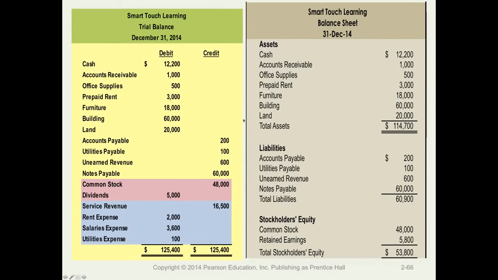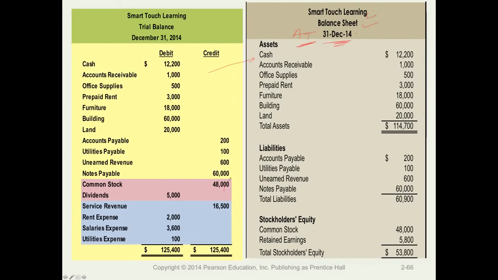So once again, when we look at our trial balance, we now can see easily that all of these balance sheet accounts just map right into the balance sheet. And again, it's the company name, statement, and this is at December 31st. It's a static or a stock statement, and therefore we have assets listed, our liabilities.